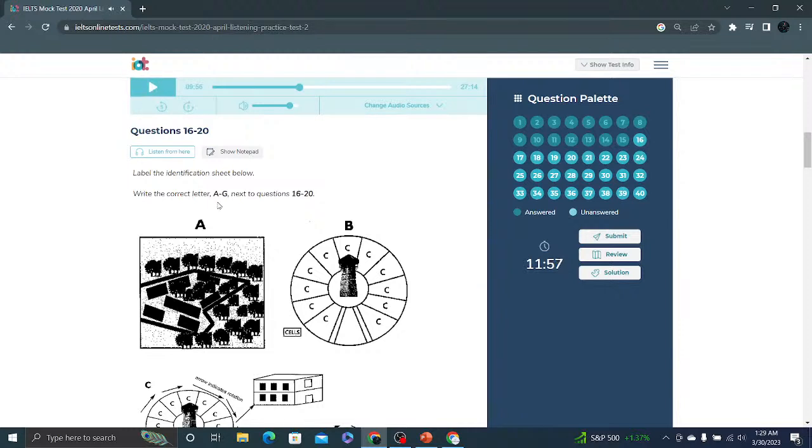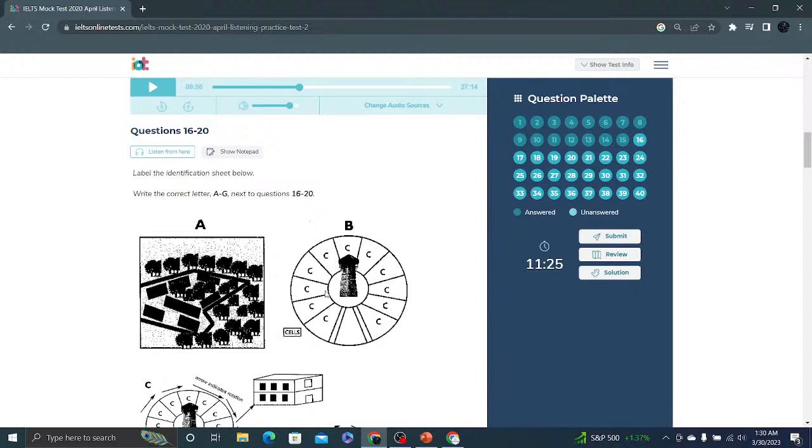Okay, so you're saying, bearing an obvious similarity to Bentham's panopticon, the cells within the wheel-like structure were all also triangular in shape. So B would be the answer.